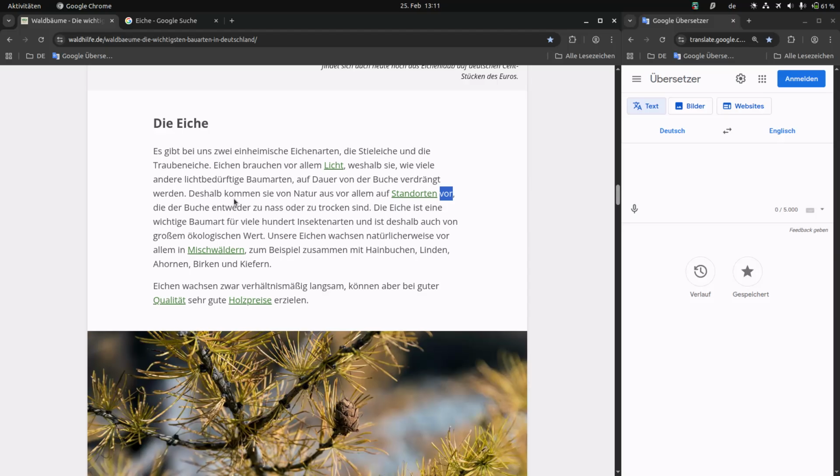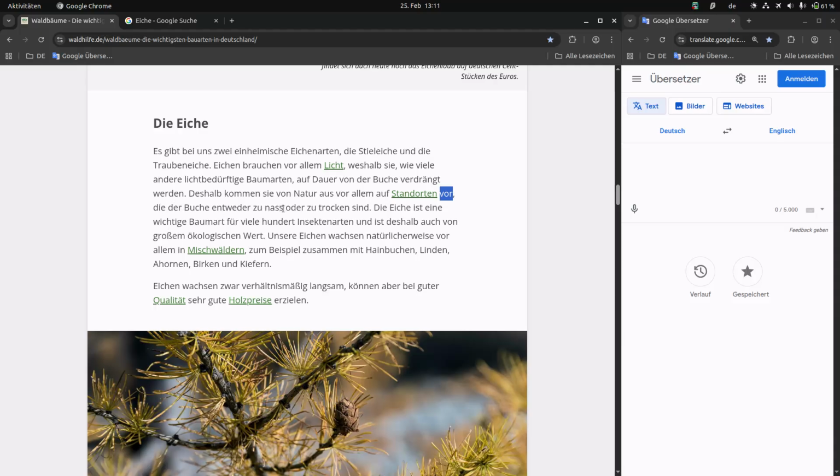This is why, or therefore, they come by nature above all on locations up. In German it's parted and the prefix comes at the end of the sentence, at least in the main clause. I think you get what I mean.